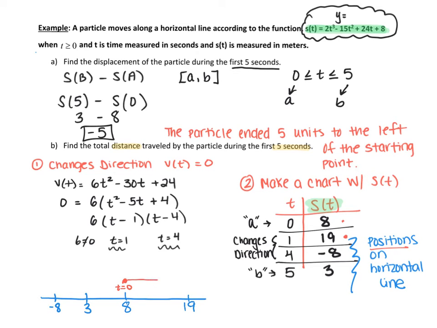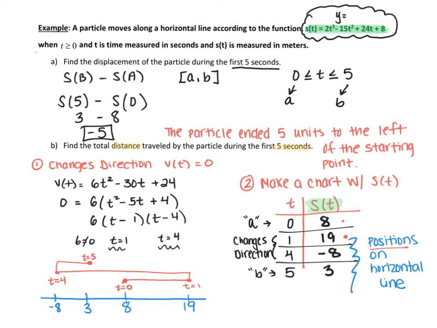So I go to the right to 19, and that's at time equals 1. Then I go back to negative 8 at time equals 4, and then I end at 3 for time equals 5. So that is your particle movement. We go right, we go left, and then we go a little bit right.